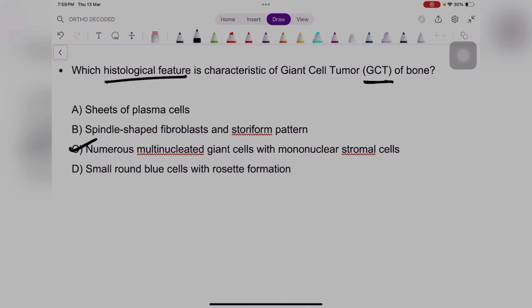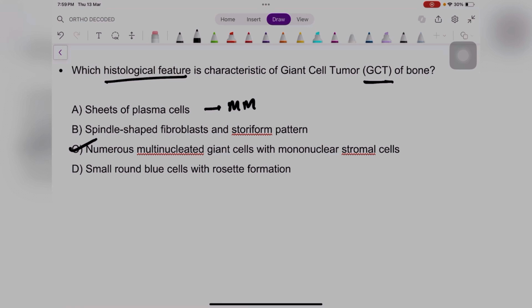So let us also rule out the other options. This is also very important. You need to rule out the other options also, so that you clearly understand why not to choose them. So where do we see sheets of plasma cells? These sheets of plasma cells are seen in multiple myeloma or plasma dyscrasias. Then small round blue cells.